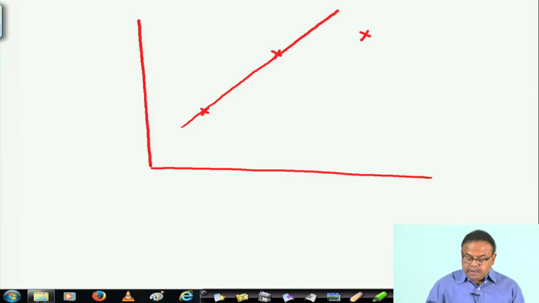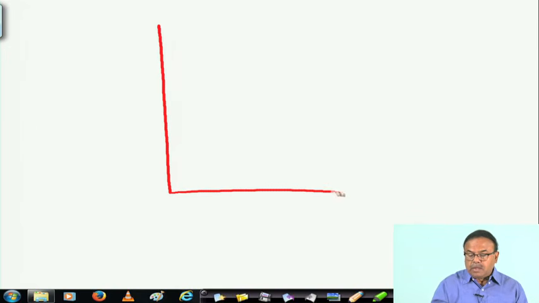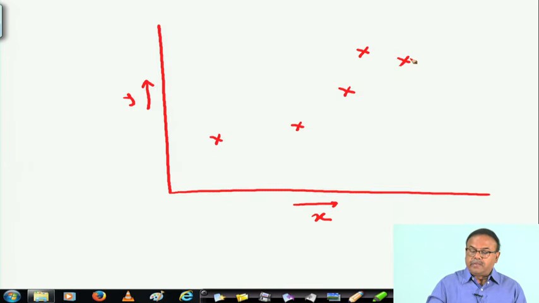Or let me do it in a different way, not exactly this line, because this line is matching 2 points but not the others. So, this is my y and this is x. There could be some points like this, here, something here, something here, something here, like that, equidistant points.